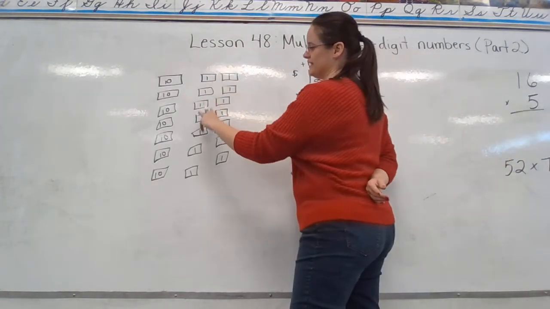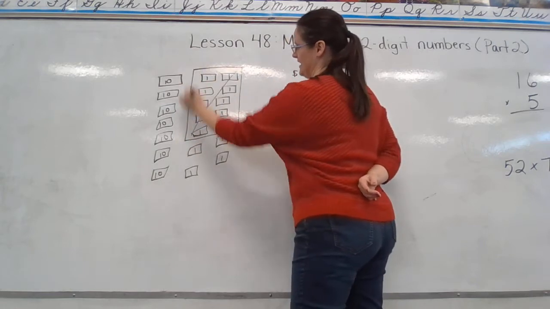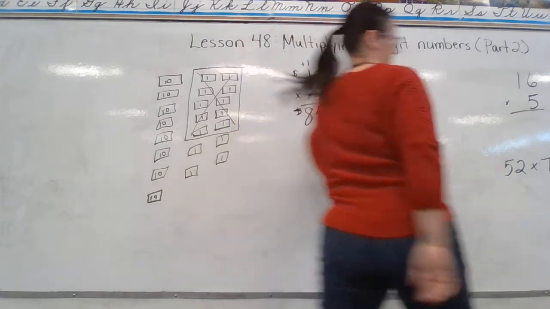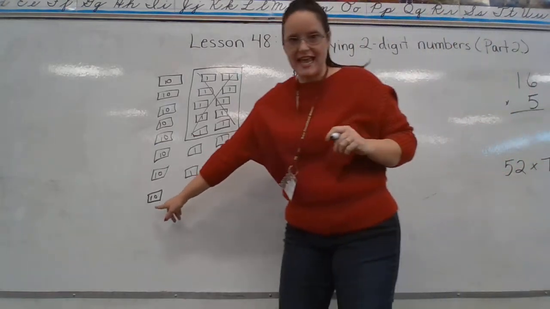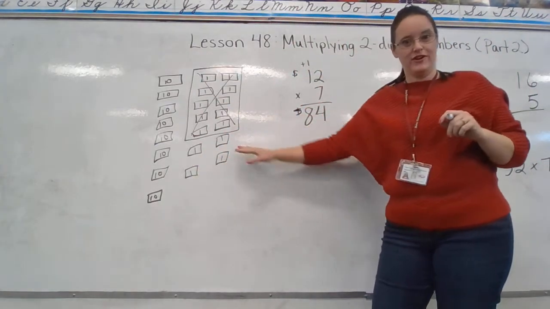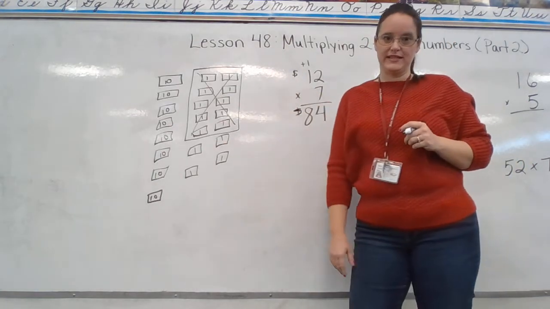So 2, 4, 6, 8, 10. I can take these and trade them in for another 10. Okay? So now I have $84. And that's how we can see it visually using money.